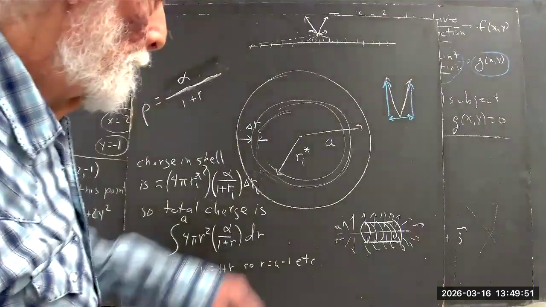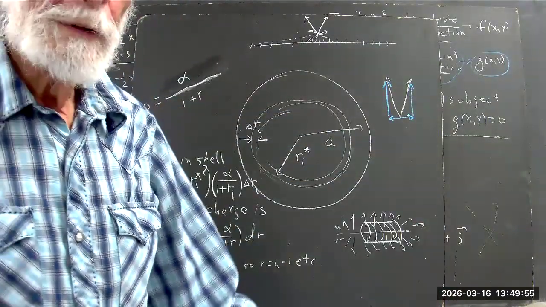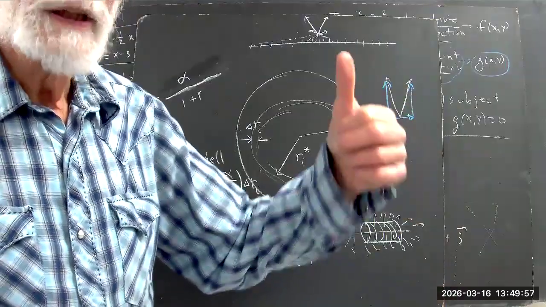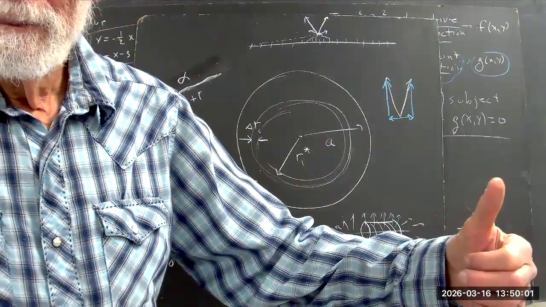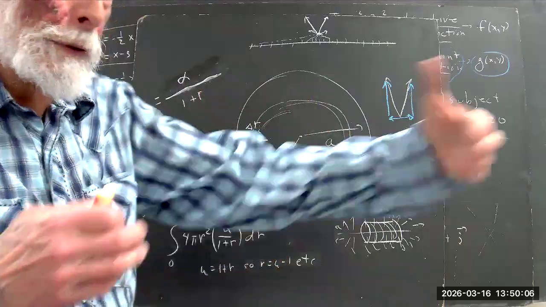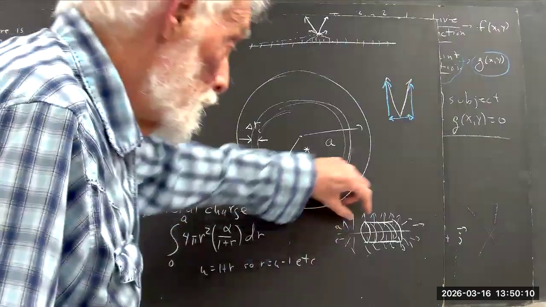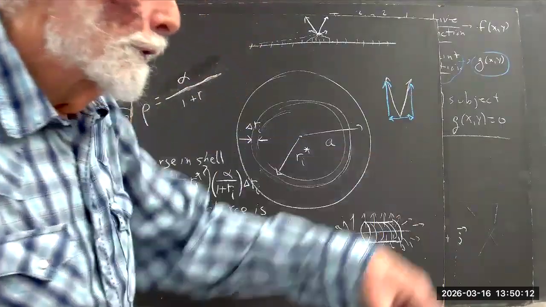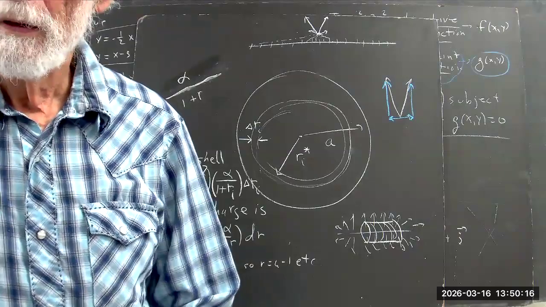I've surrounded the wire by a cylinder, and the electric field cuts through that cylinder at every point at a perpendicular. Does that make sense? Electric field comes radially out from the charged line, so it always intersects the surface of the cylinder at a right angle.